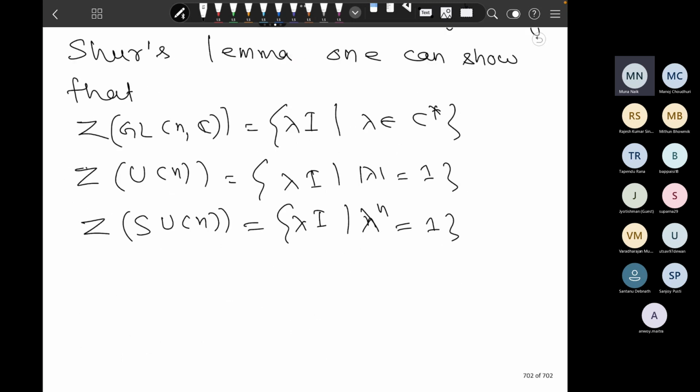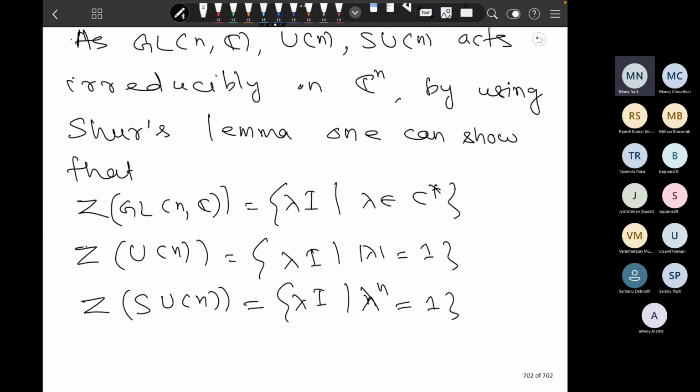But there are some obstructions to using Schur's lemma, because, for instance, if some group consists of only real matrices, you cannot really use Schur's lemma, because here one fact you are using is that C is algebraically closed.